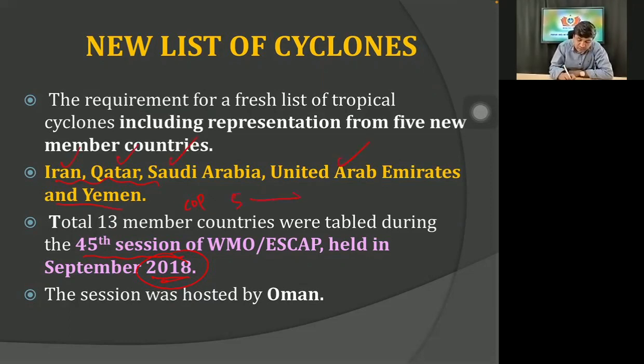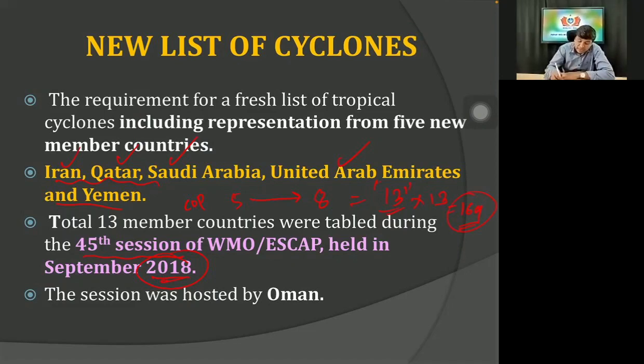So these 5 countries joined this group of 8, and now there are 13 countries. These 13 countries are responsible for recommending the names of cyclones. They will recommend 13 names each, and 13 into 13 is 169. So already 169 names have been suggested by these 13 countries.